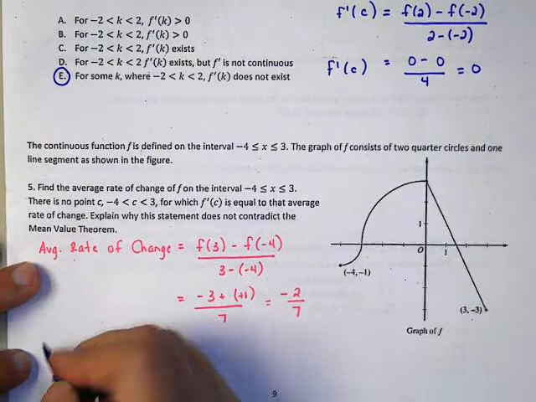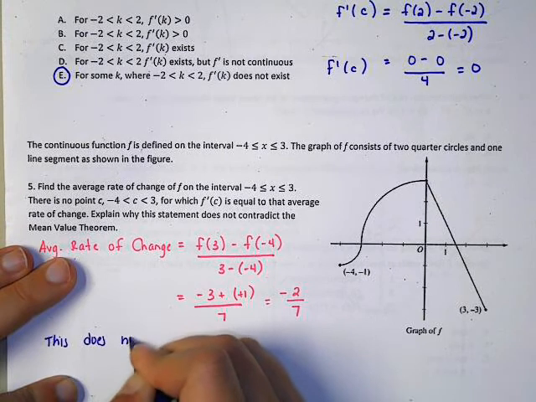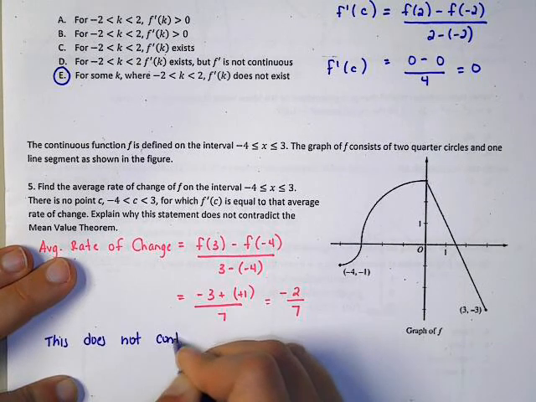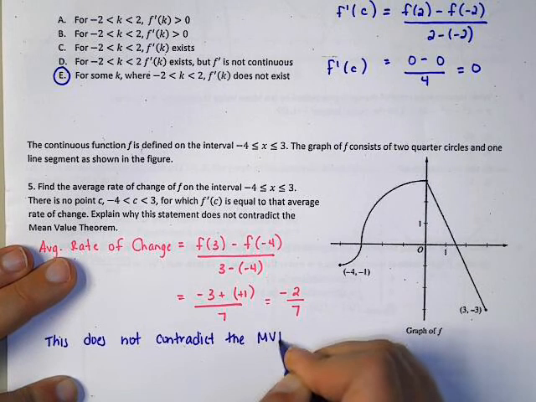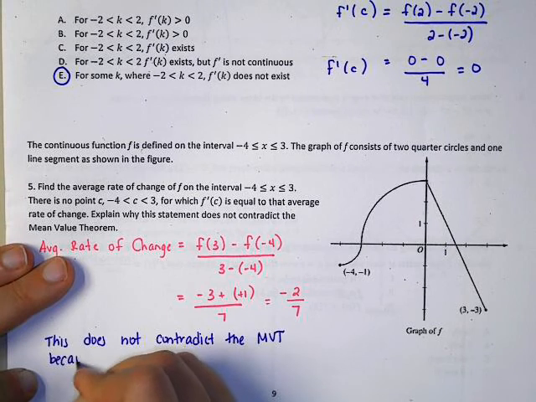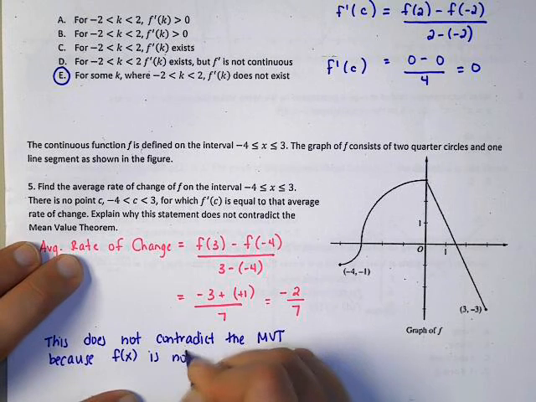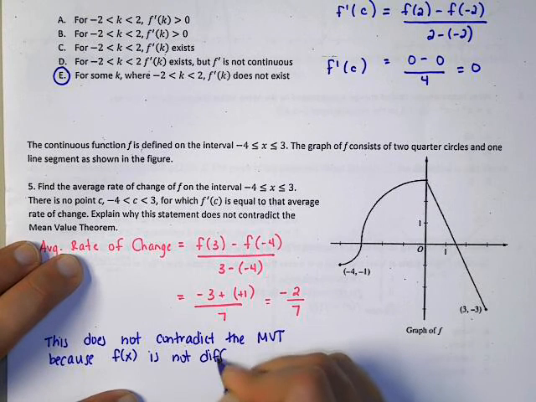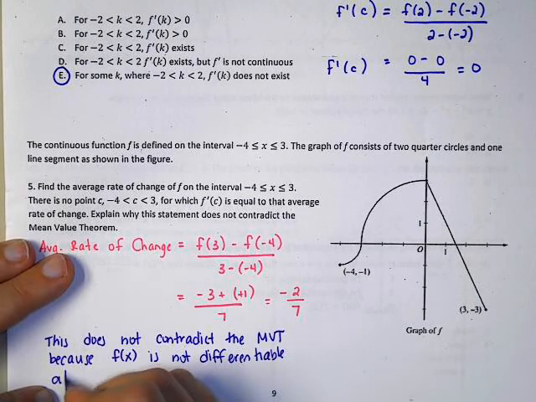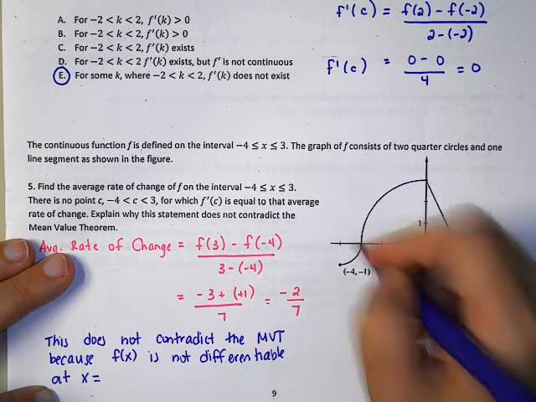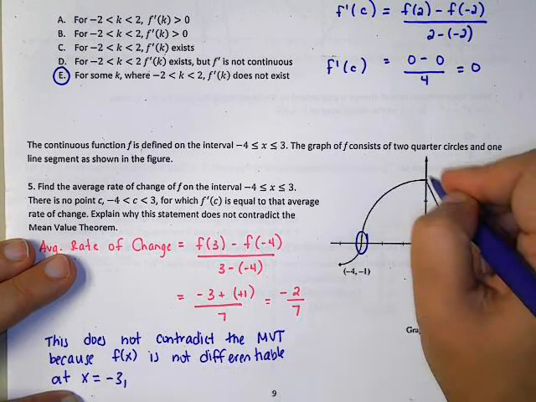So what we would say is, this does not contradict the mean value theorem because f of x is not differentiable at x equals, it looks like the first place where I have a non-differentiability is -3, and the second place would be 0.